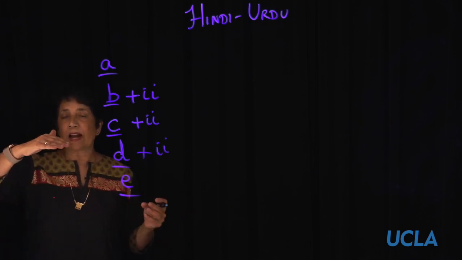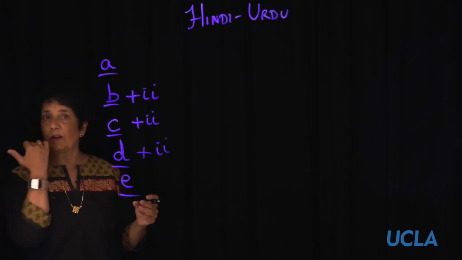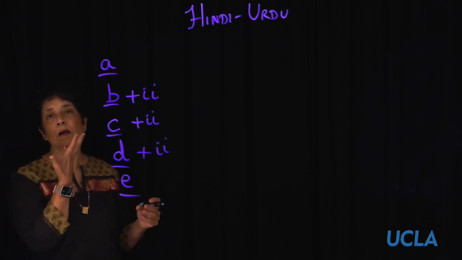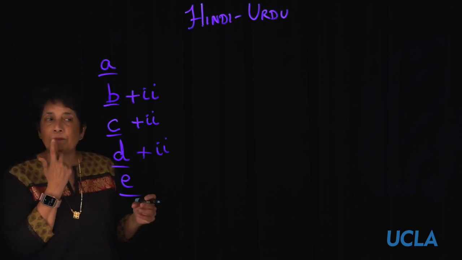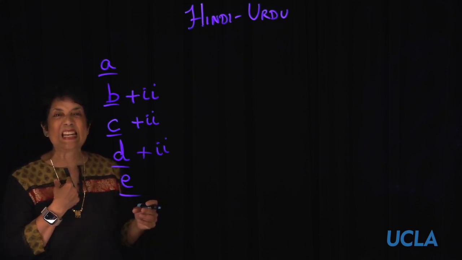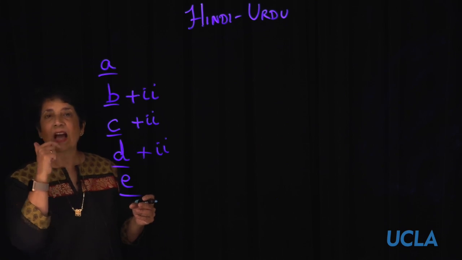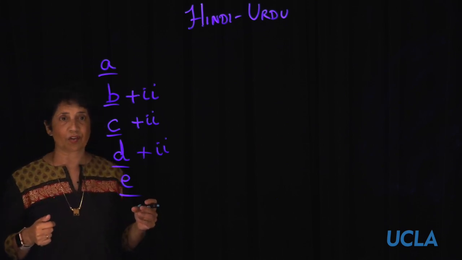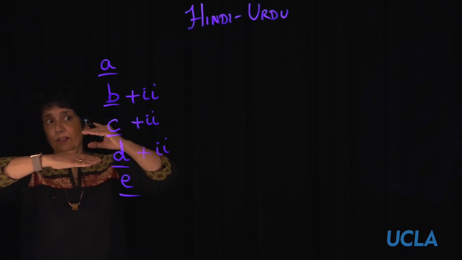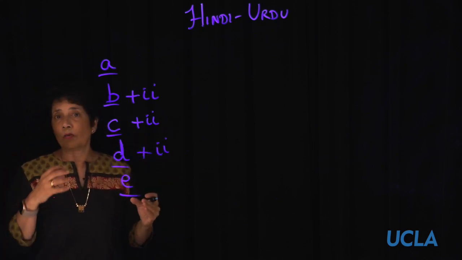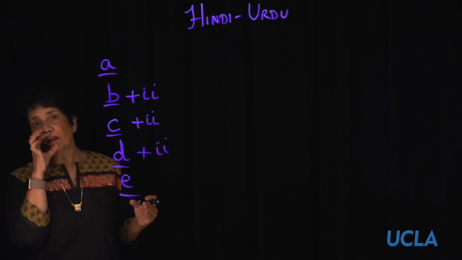Now, the airflow is being blocked at different points in the oral cavity, like B is at the lips. How about D? D. It's in the alveolar region for English, right? So the airflow is blocked in different places. And also think about other consonants.